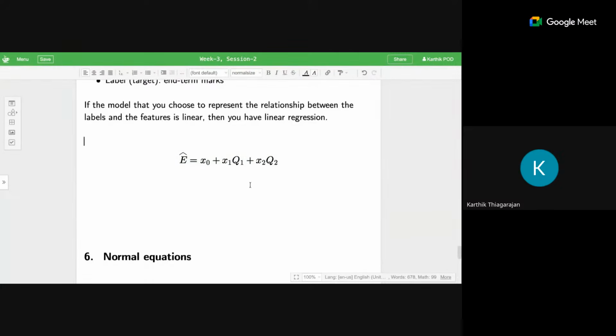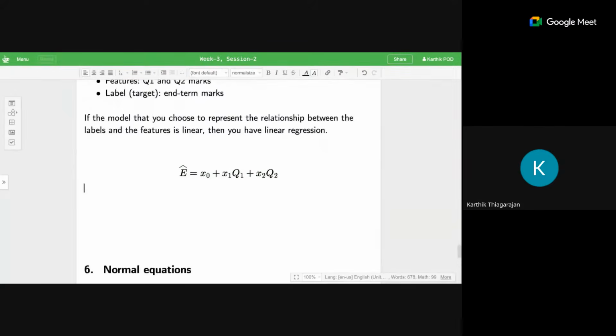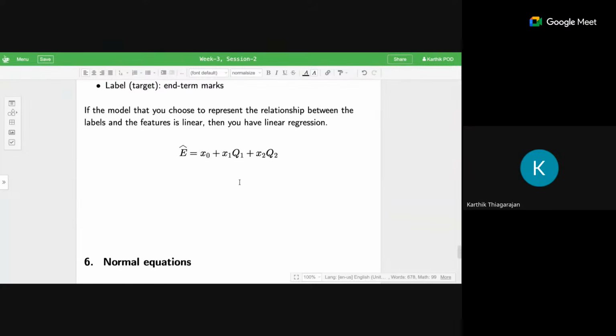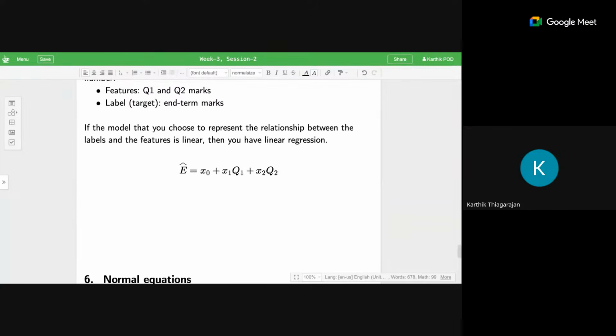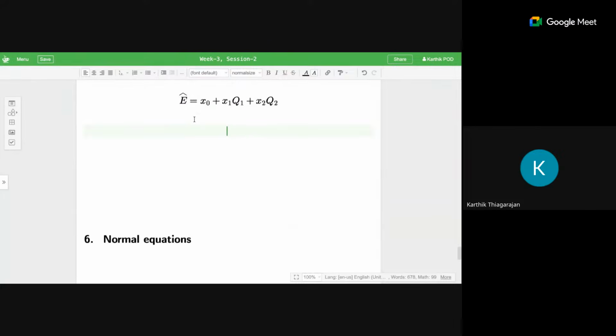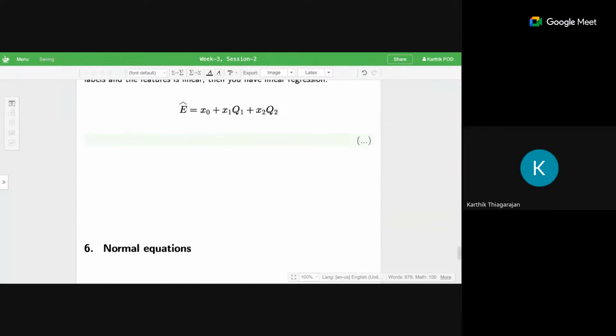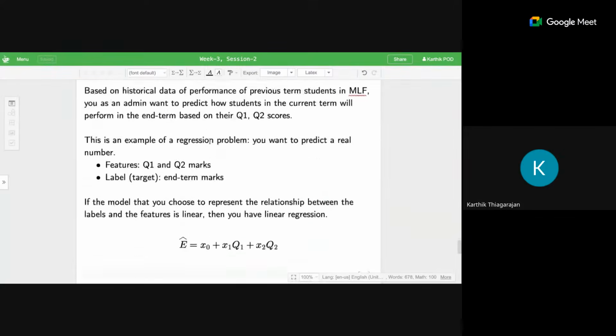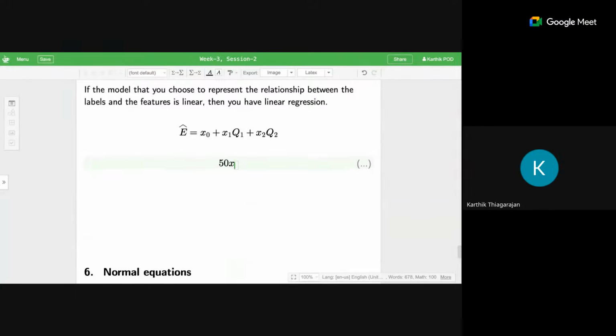Okay, so this is for one student. In general, this is how the equation will look. Based on X1 and X2, for each student you can come up with the predicted score. So how do you represent this concretely? For the first student, 50, 70: 50 X1 plus 70 X2.